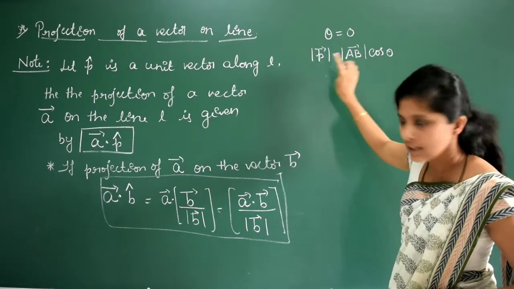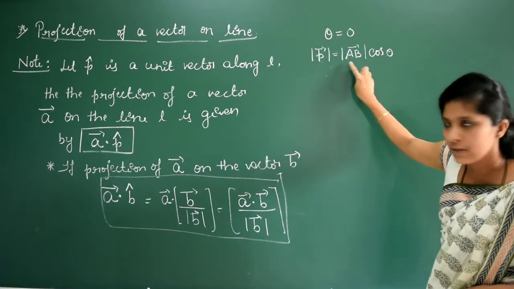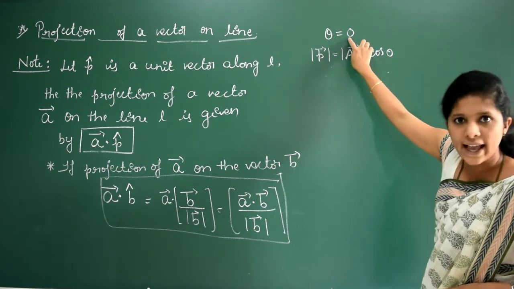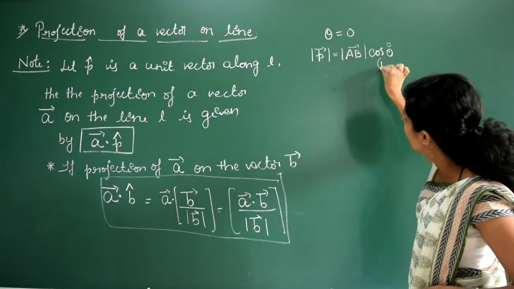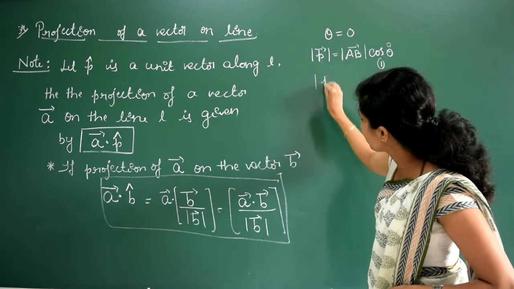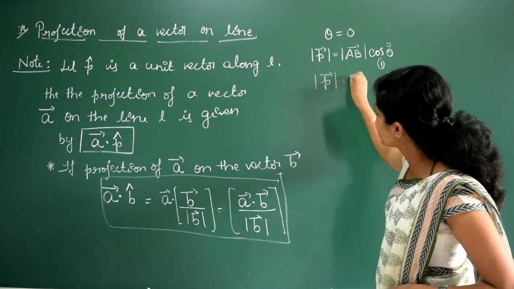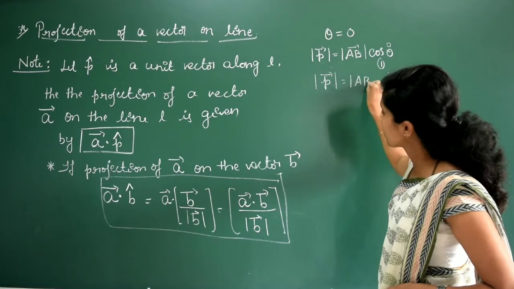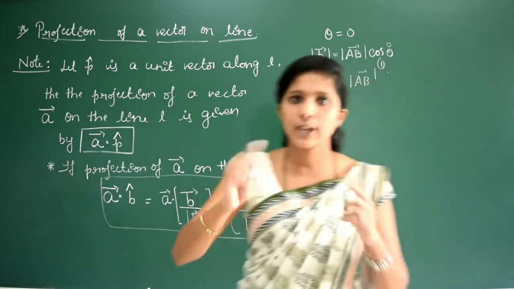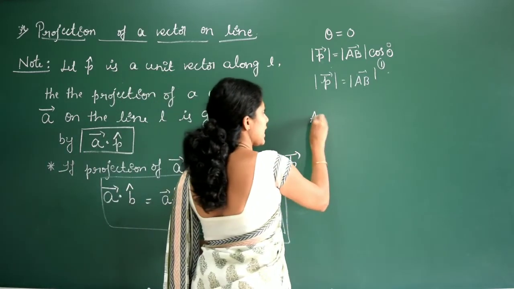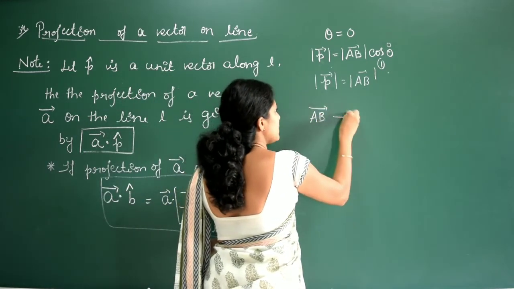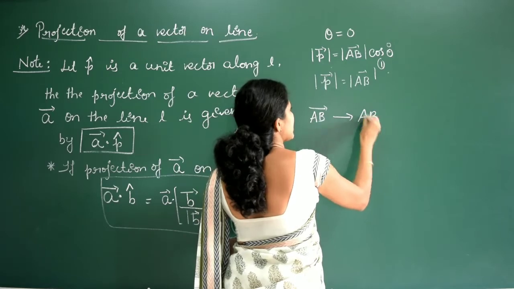If the angle is equal to 0, cos 0 is equal to 1. So the magnitude of P vector is equal to the magnitude of AB vector. Now what we can say is the projection of AB vector will be AB vector itself.